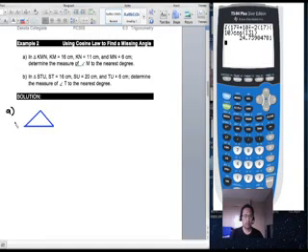So I just went K, M, and N. And we know that KM is equal to 16, and KN is equal to 11, and MN is equal to 6. Find the measure of angle M to the nearest degree, so we're looking for this one.